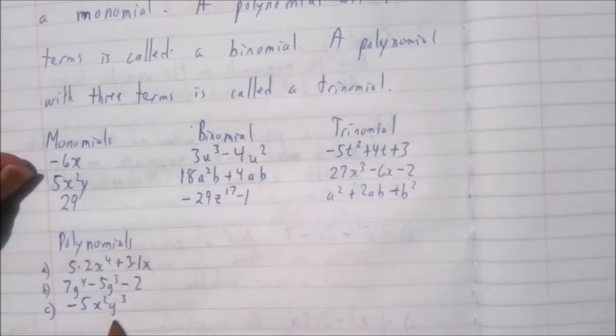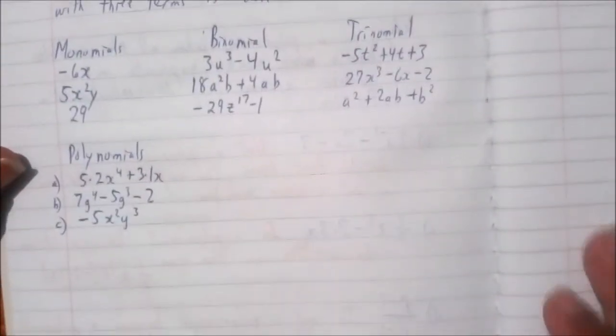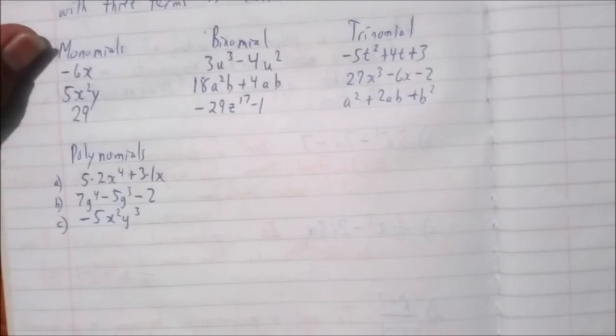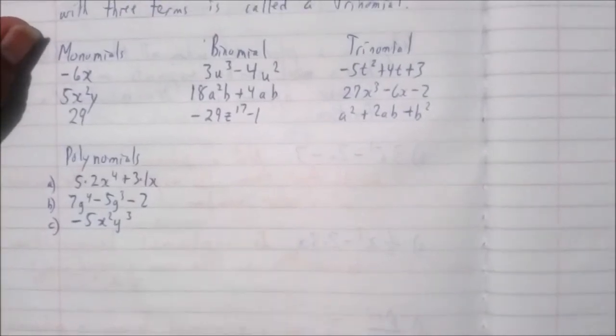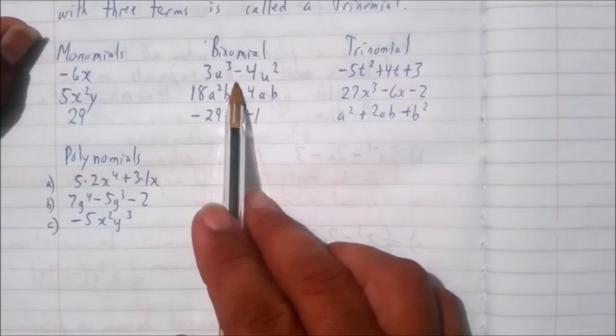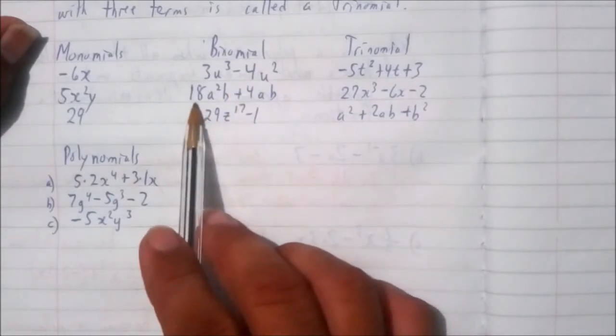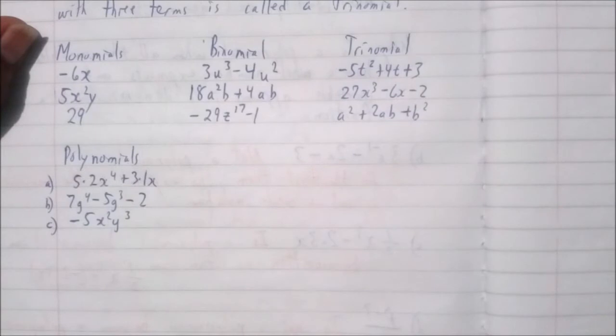It has 1 term only, so it must be a monomial. Now, a tip: recall that terms are separated by positive or negative signs, and the numerical coefficient is a numerical factor of the term, which we have at the front.